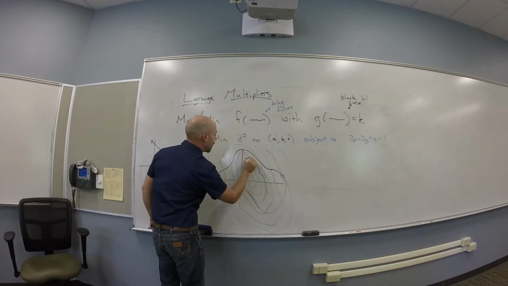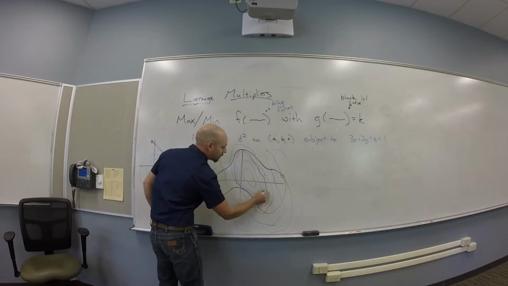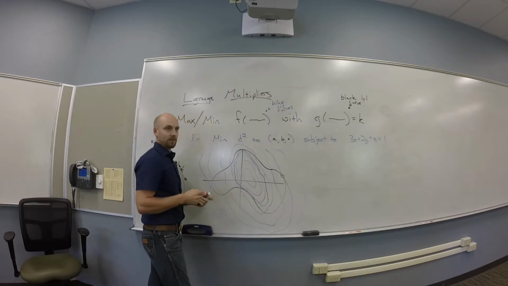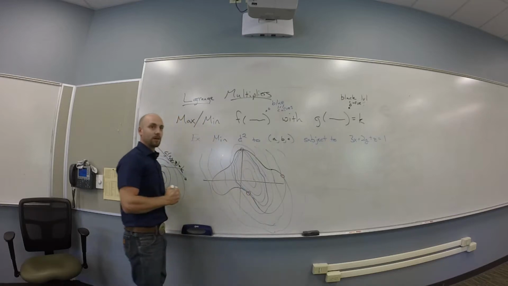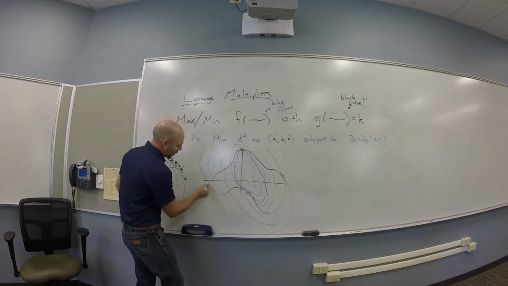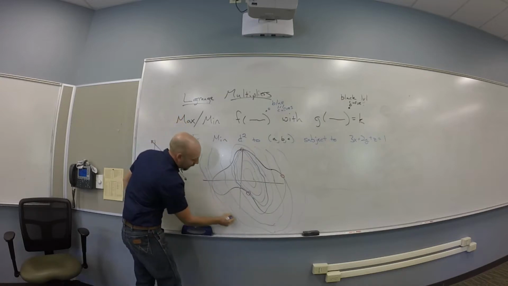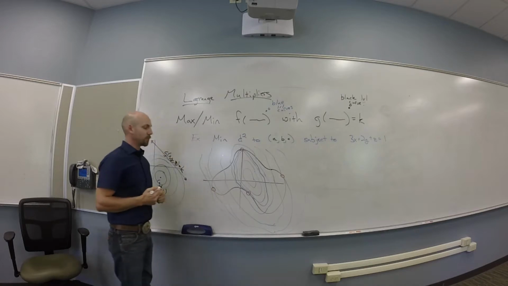You guys see if I puff that one up just slightly, I'm going to get tangent there and maybe tangent down in there. Yep. Okay. So I got kind of an interesting point here, an interesting point there. And then someplace out here, there's that level curve. It's going to have an interesting spot on it.